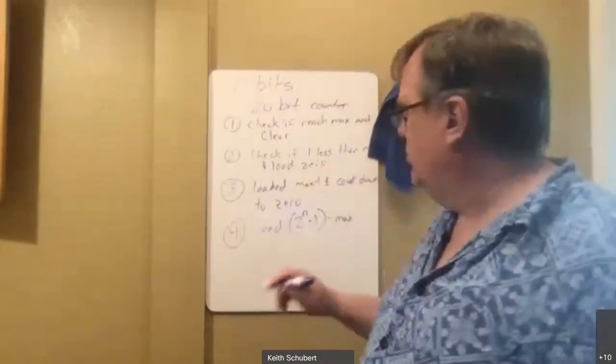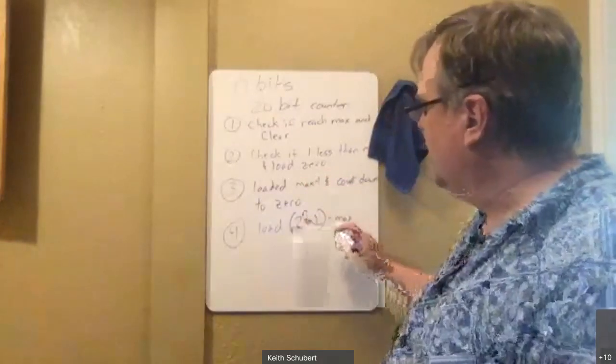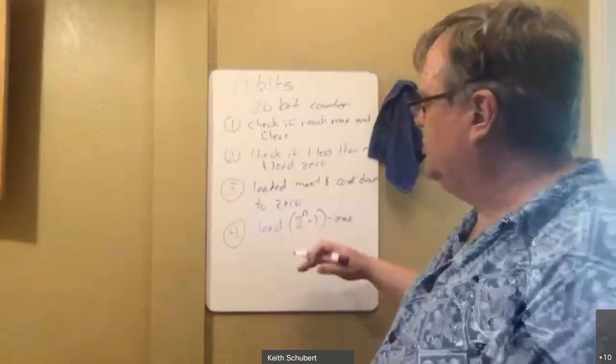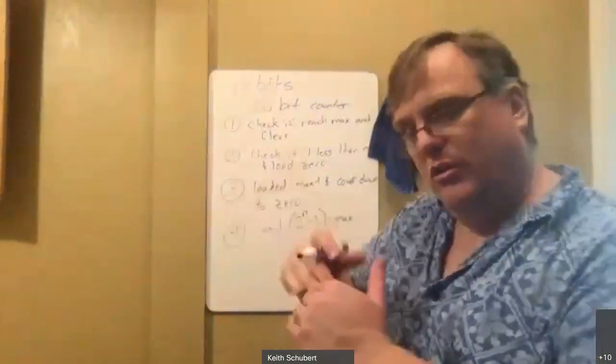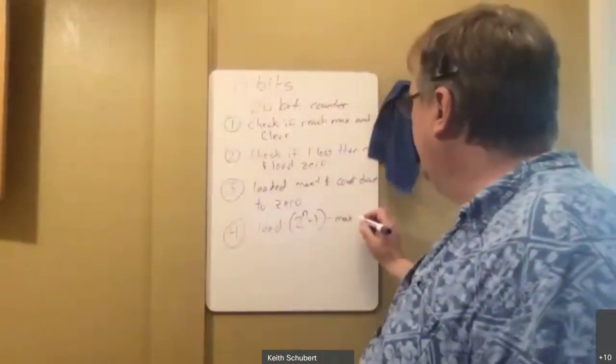Whatever I want to count up to. This is total possible. That's the range I want. So this minus this is the unused states. So I can load, basically, how many unused states I have, and then I can count up.